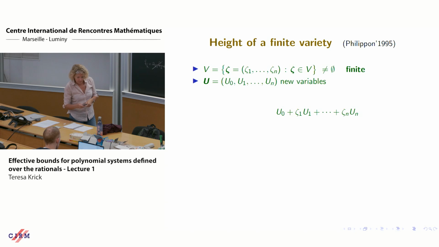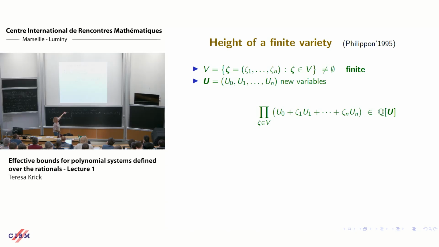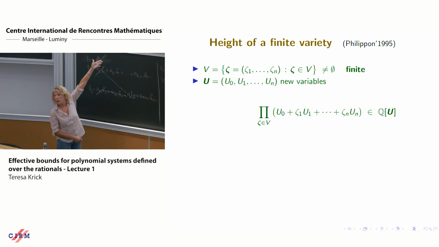So what happens if I take this polynomial? This polynomial is the product over all the zeros of the hyperplanes that meet each point. So that is a polynomial in u0, ..., un. It happens to be homogeneous. It has degree d, the number of points we have.